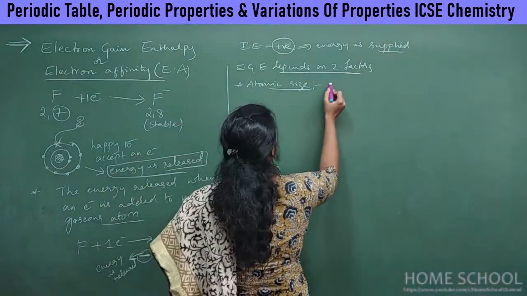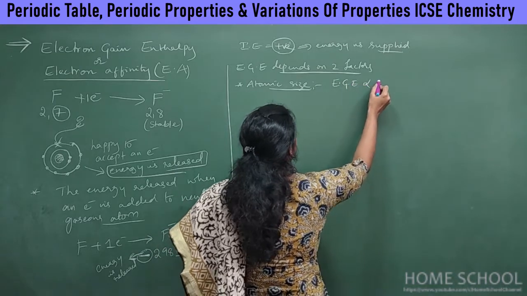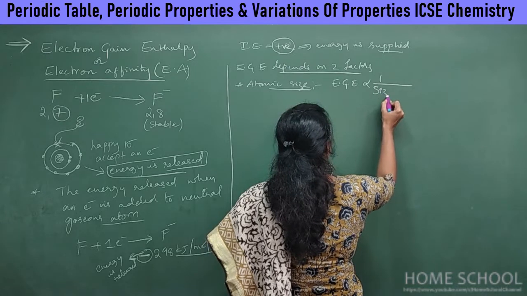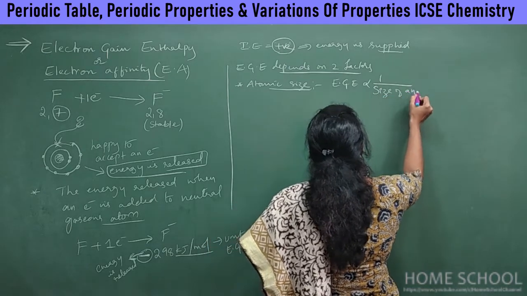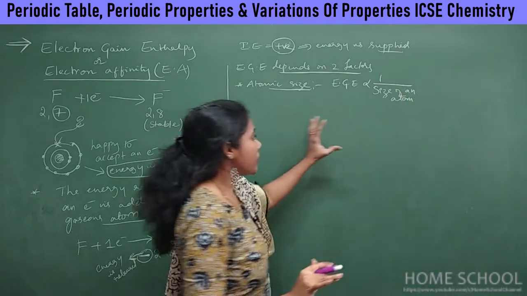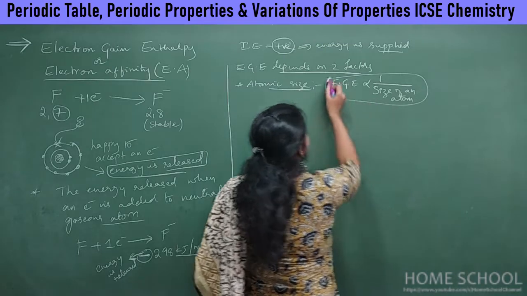So what I write here is electron gain enthalpy is inversely proportional to size of an atom or atomic size, that is atomic radii. So just this one relation will tell you everything, right?